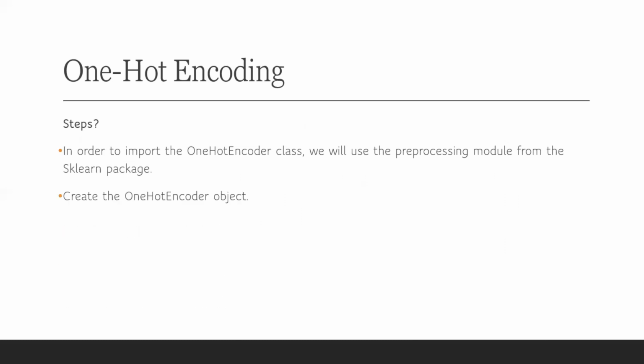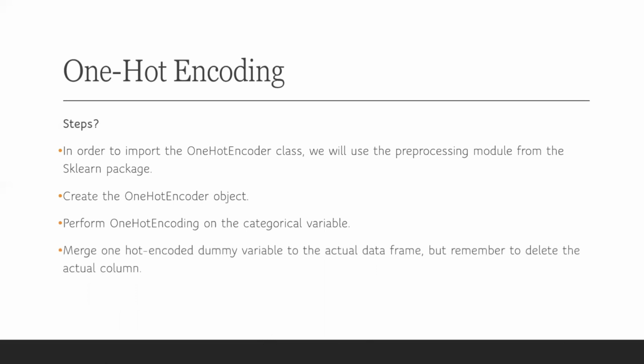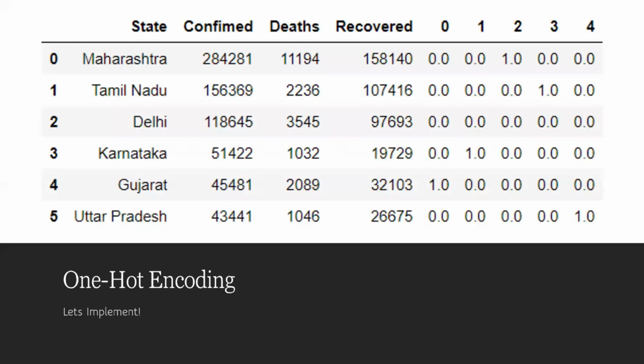Next, we will create the one hot encoder object. The third step is to perform one hot encoding on the categorical variable. In the last step, merge the one hot encoded dummy variables to the actual data frame, but remember to delete the actual column.